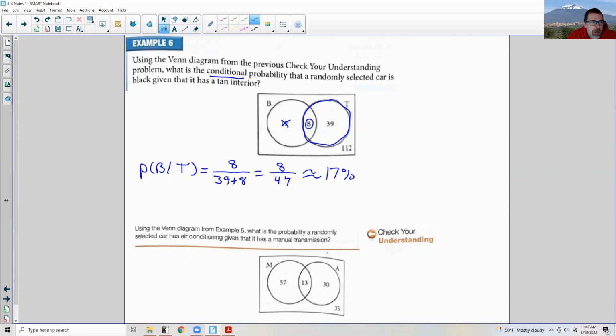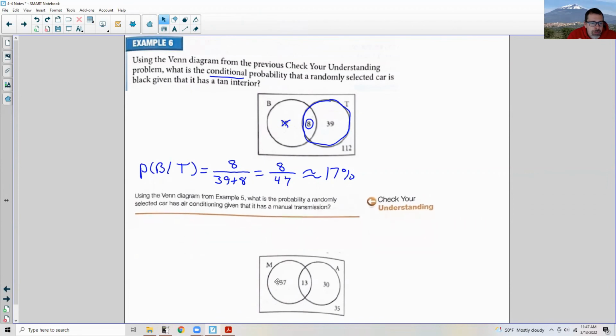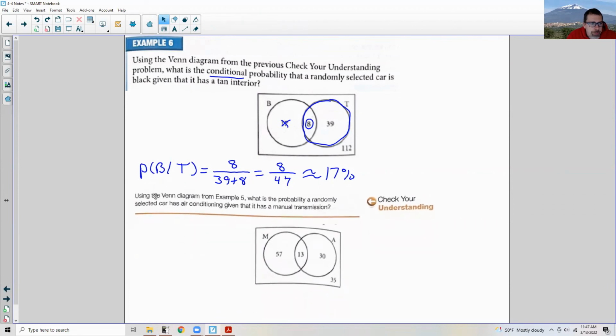Okay. All right. Check your understanding. Using the Venn diagram from example 5. So this is the example 5 Venn diagram. What is the probability a randomly selected car has air conditioning given that it has a manual?